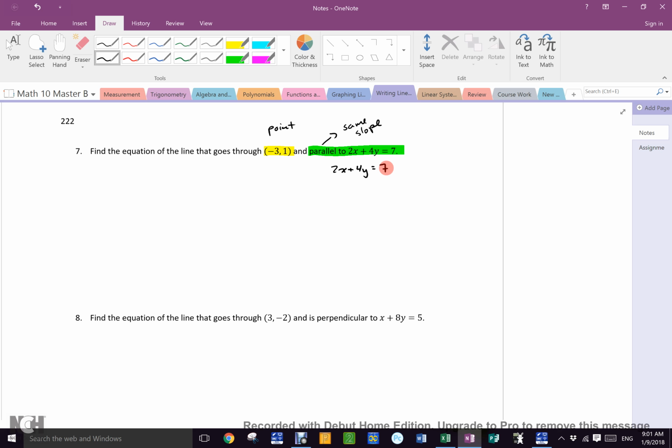How are you going to find that slope? What do I got to do to get the slope?